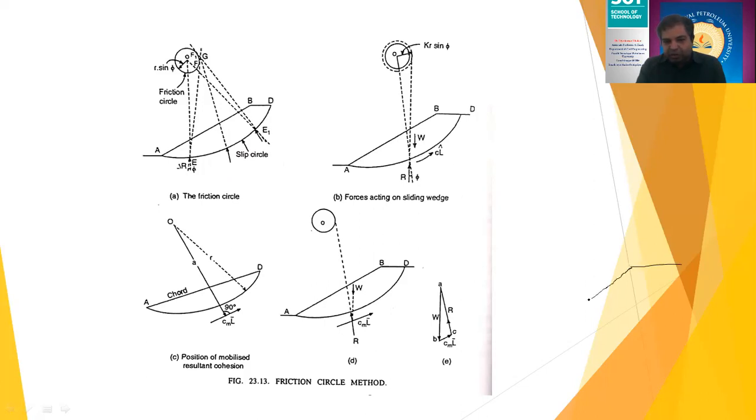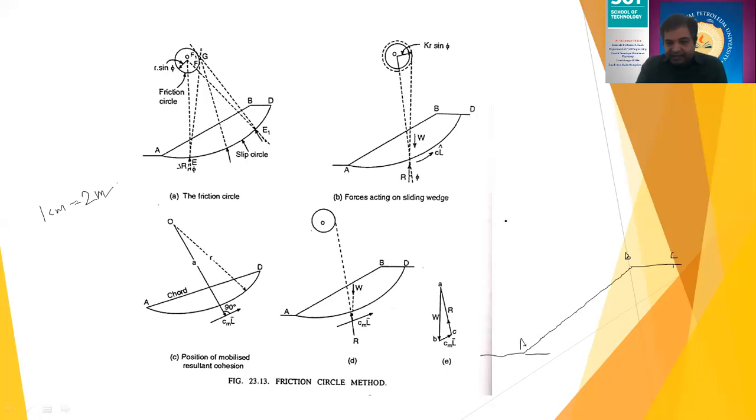I'm drawing the same slope here with some scale. So you can assume a certain scale here. For example, take the scale as 1 centimeter equal to 2 meters. With this scale, you have plotted this particular slope. Let's assume this is point A, this is point B, this is point C, and so on.